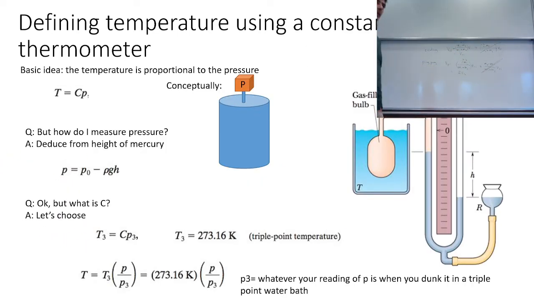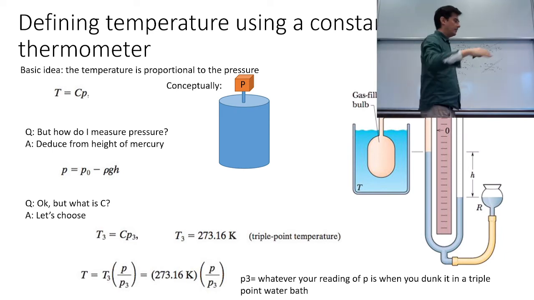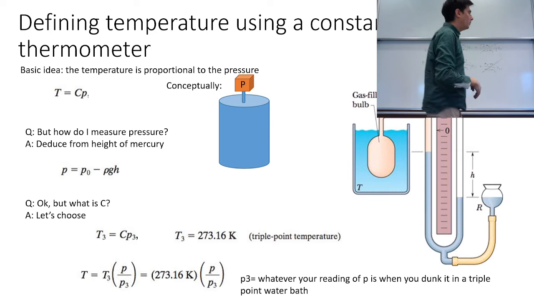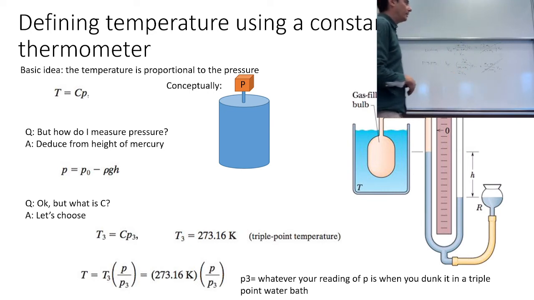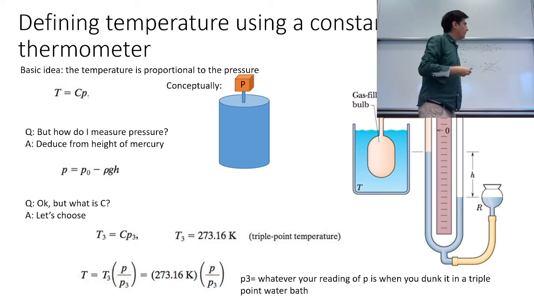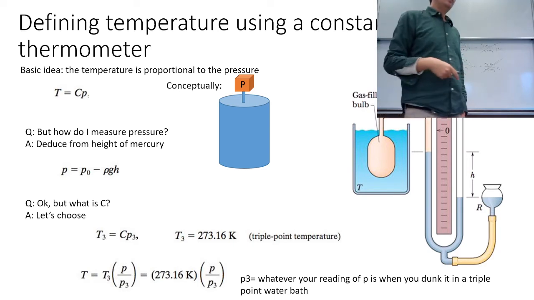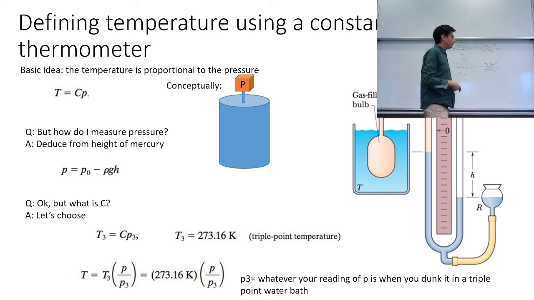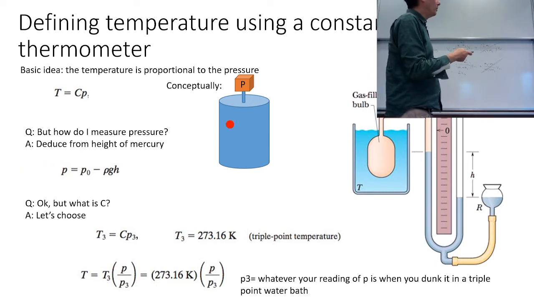Once you've got two points, you can evenly divide your scale between those two points, and then you've got your temperature scale. So what are we going to use as our kind of thermometer? What you can do, for example, is have a so-called constant volume thermometer.